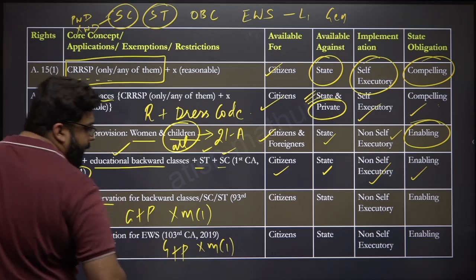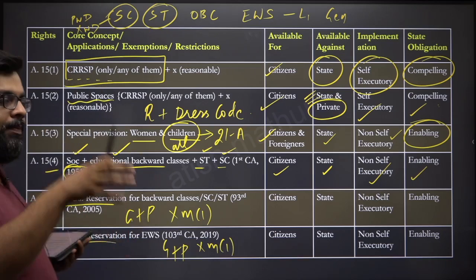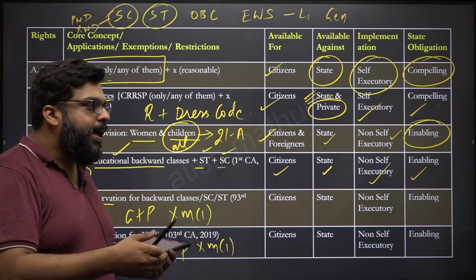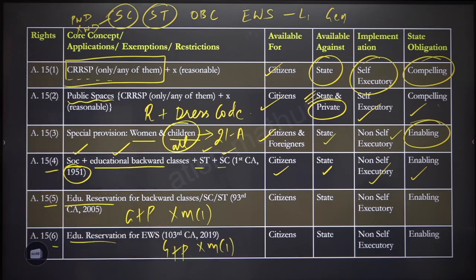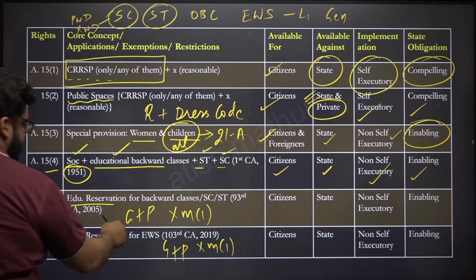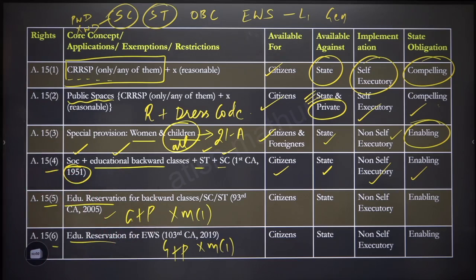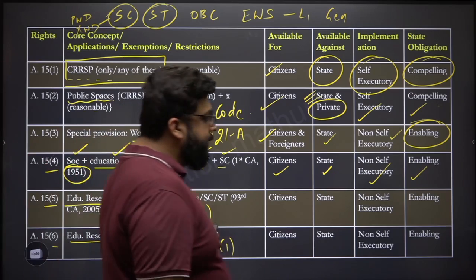Of course, because minority institutions are for a minority already, and they are already catering to a very specific subset of people. Right? So this was inserted through the 93rd Amendment 2005. 15.6 was inserted through the 103rd Amendment 2019. Both of them are available for citizens, available against the state.